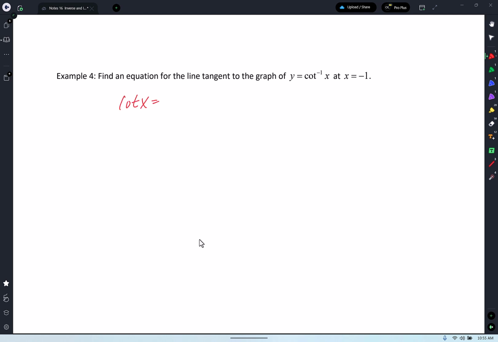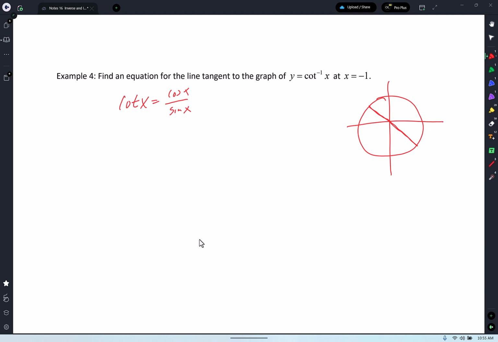Remember that cotangent x, guys, is cosine x over sine x. I don't know if we remember the restriction equation for cotangent. I'm wondering if we should even talk about it. Yeah, unit circle's coming back. It does not go away. Where is cotangent equal to negative 1?